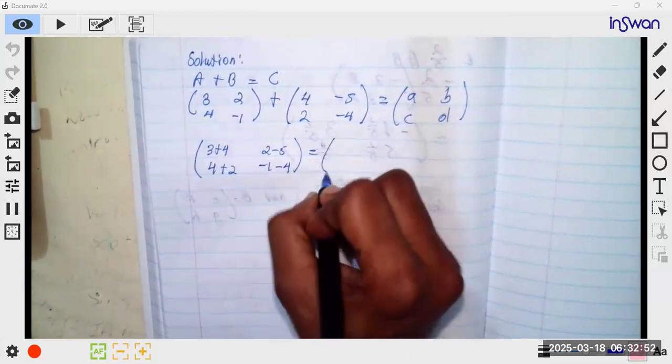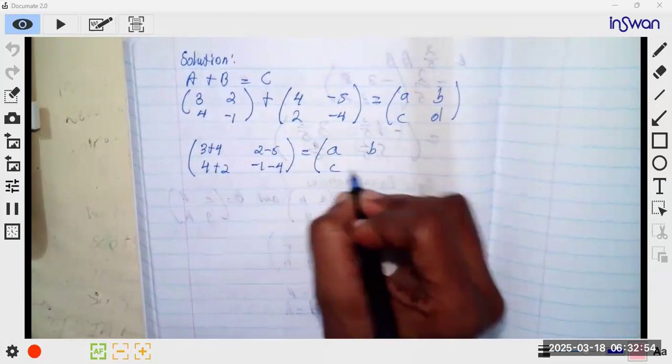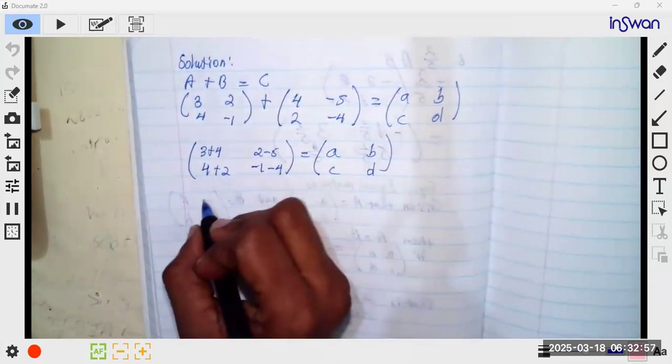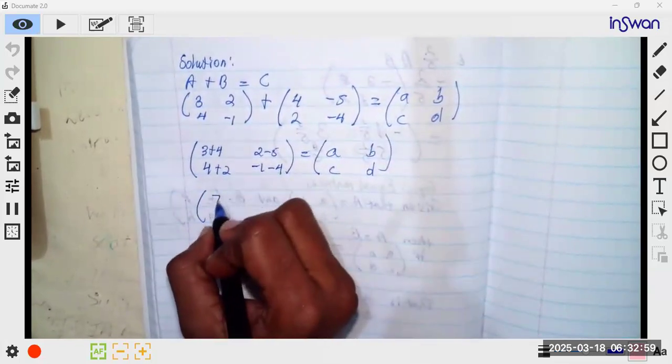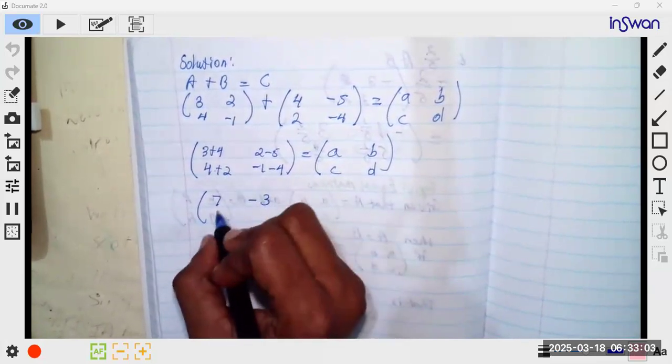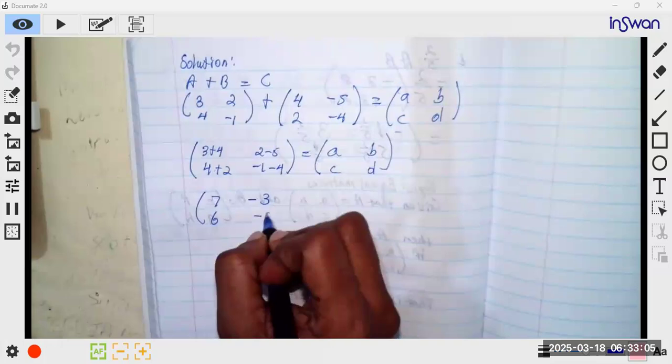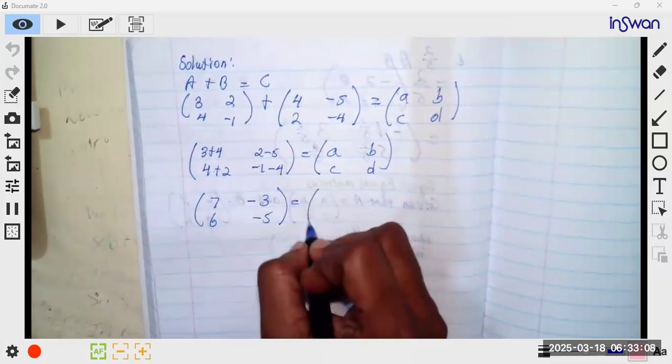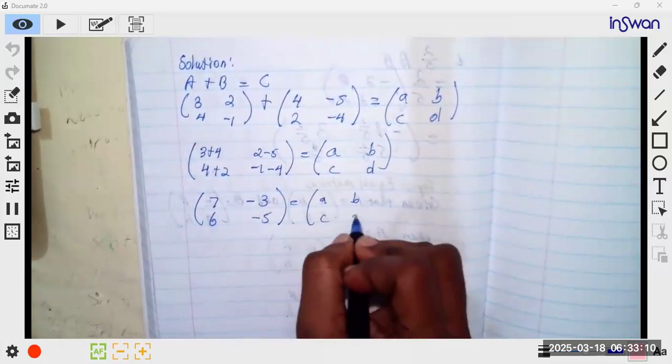All right, and that'll be equal to [A, B; C, D]. So what will happen here? 4 and 3 is 7, 2 minus 5 is minus 3, 4 plus 2 is 6, minus 1 minus 4 will be minus 5, is equal to [A, B; C, D].